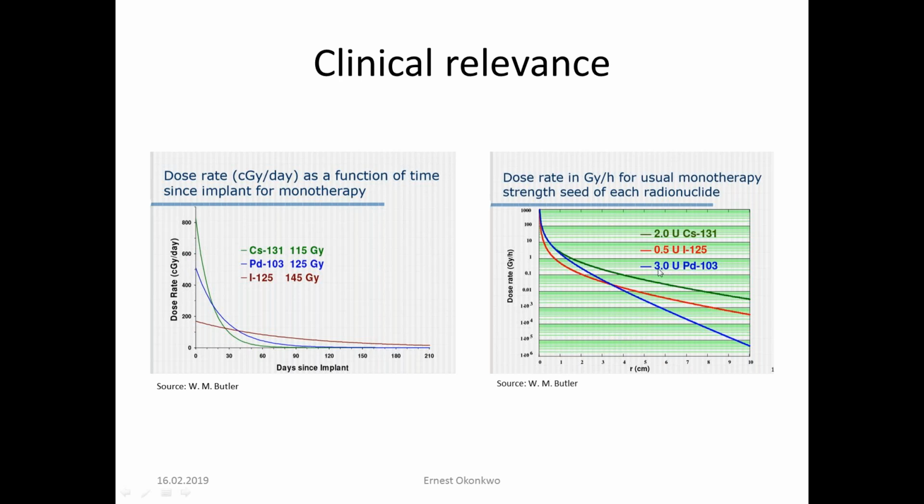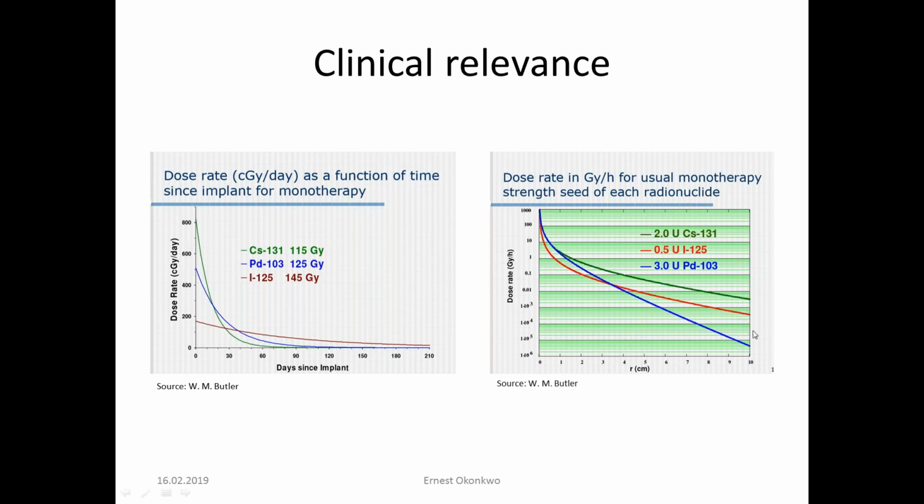Here you see that palladium is more than 6 times more than iodine, and cesium is also more than iodine. But if you look at a greater distance, the dose rate of iodine is more than that of palladium.